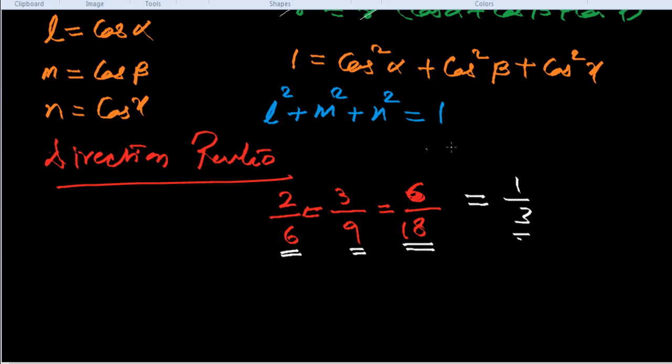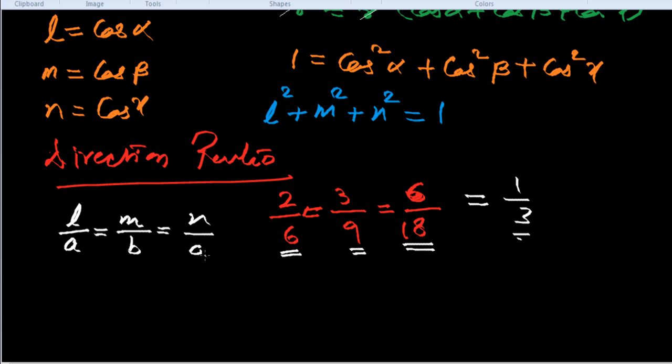Similarly, if l, m and n are the direction cosines, we divide by some other numbers, l over a, m over b and n over c, so that it makes the same proportion.